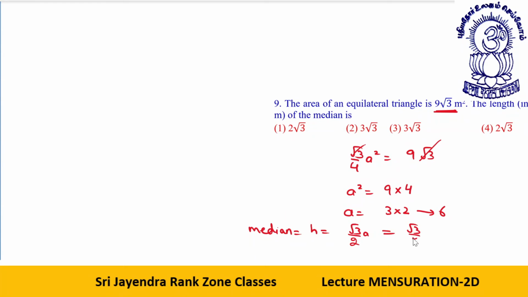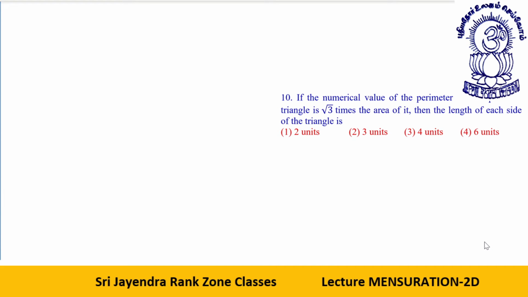This gives you root 3 by 2 into 6, or 3 root 3. Option 3 is your answer. I hope all this is clear to everyone. Okay, dear students. Should I move ahead? Let's take the next question.